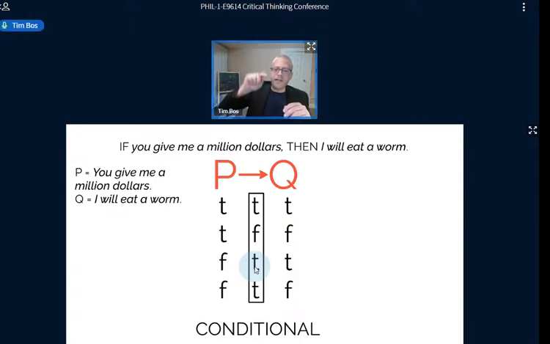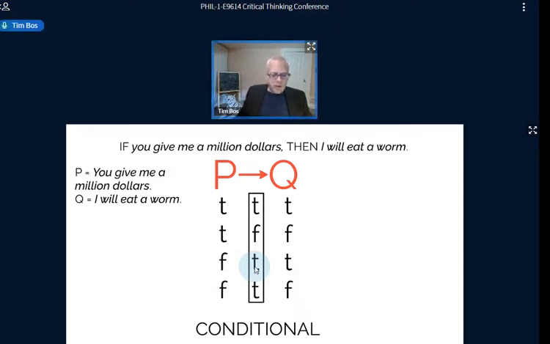So going TTFF, TFTF is just a convenient way of showing all the different ways that they can combine. It's like saying heads, heads, tails, tails, heads, tails, heads, tails. Then you would have all the different logical possibilities in front of you. Instead of heads and tails, we're doing true and false, but the same principle applies. So we all do it in the same way by going TTFF, TFTF, like that.